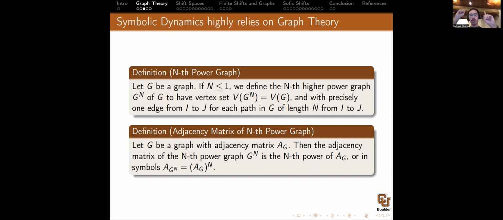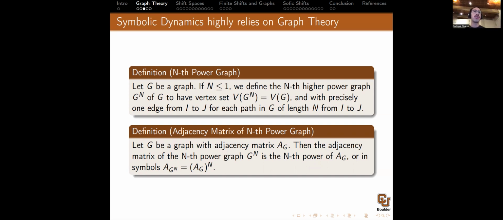If you have two vertices, and let's say you have the fifth power graph, it just means that there will be an edge between the two vertices if the initial graph has a path between said vertices of length 5, or whatever n is.